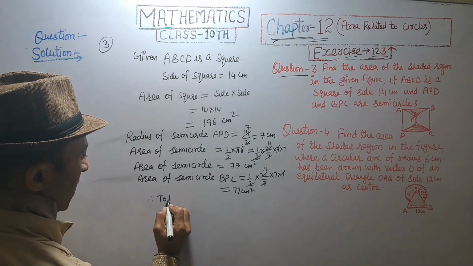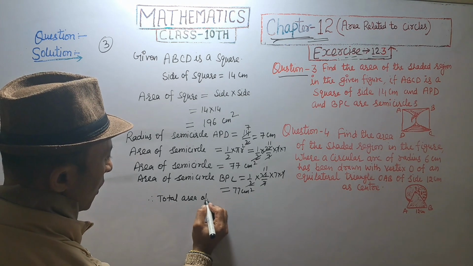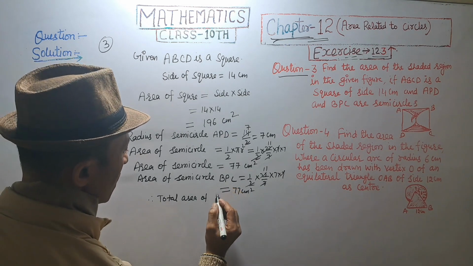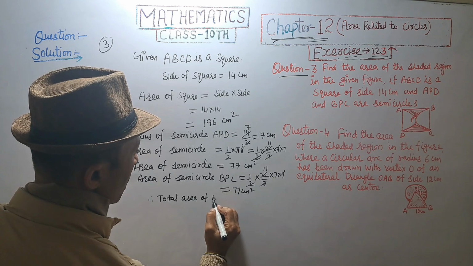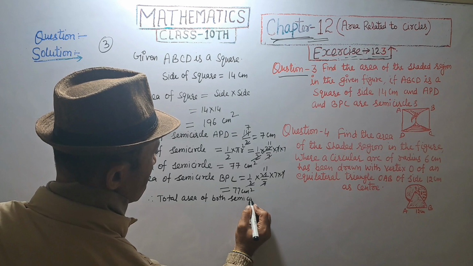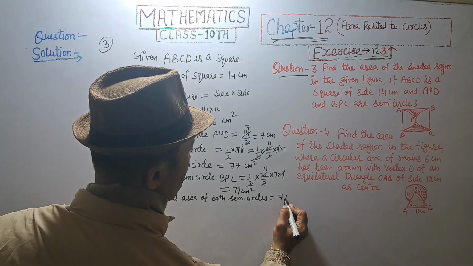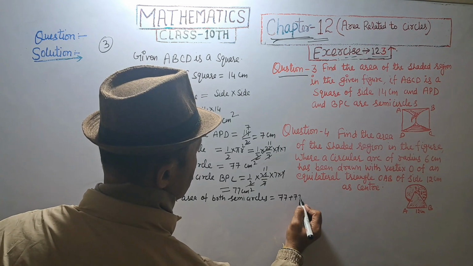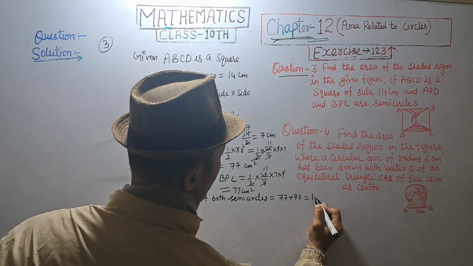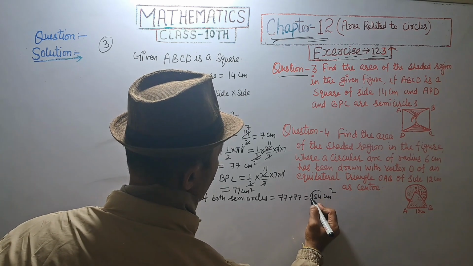So total area of both semicircles is equal to 77 plus 77, that is equal to 154 centimeter square.